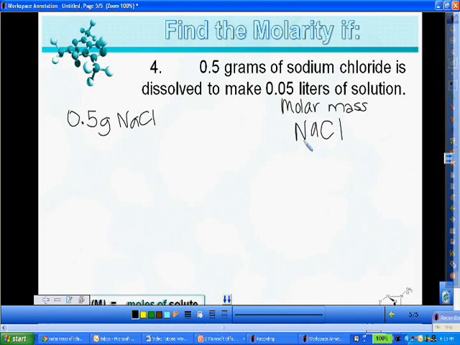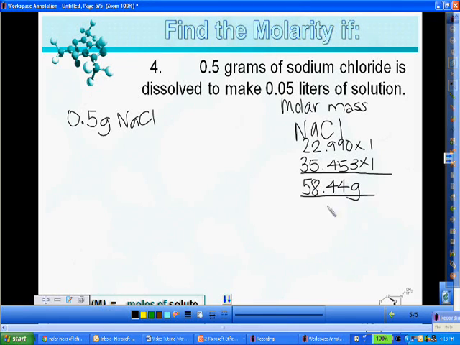So for sodium, we have 22.990, we just have 1 sodium, and we have 35.453, and 1 chlorine. So together this will be 58.44 grams per mole.